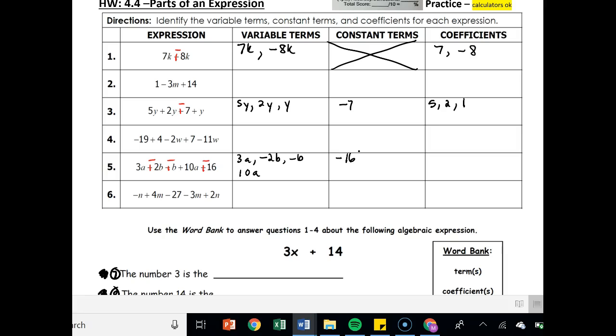And then our coefficients, again, making sure that we include signs, are 3, negative 2, because a negative 2 was attached to b, negative 1, again, variable by itself, it's got an invisible coefficient of 1 or negative 1. Since this is a negative b, it's a negative 1. And positive 10, 10 being attached to a.